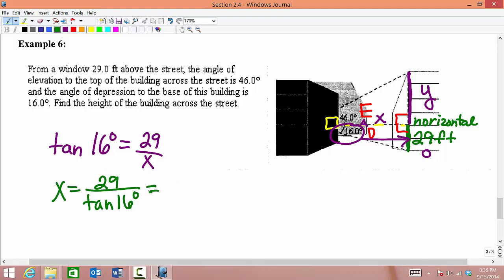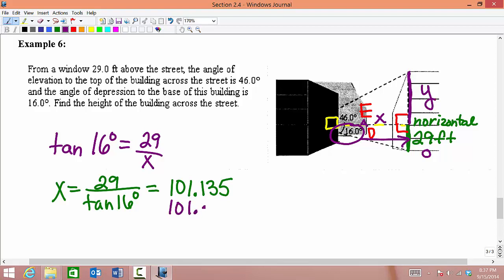We're just going to put that into our calculator. And I get 101.135. And let's round to the nearest 2 decimal places as we go forward.